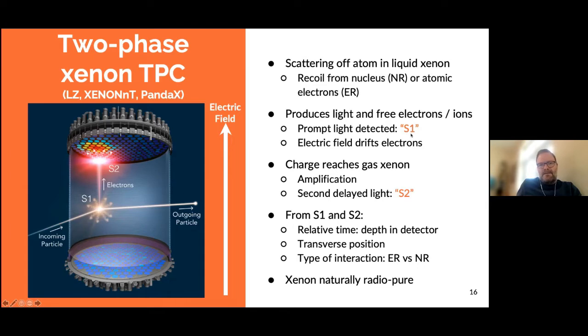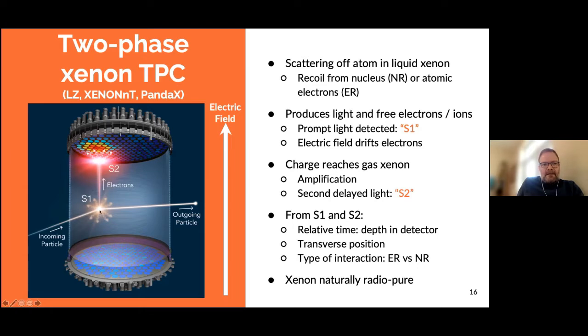an S1 signal. So there will be some photons emitted, but the number of them is fairly small, like order 10 photons or something like that. And this is a prompt signal. Basically, this tank of liquid xenon is instrumented with photomultiplier tubes, both at the top and at the bottom, and we can see this faint light signal.